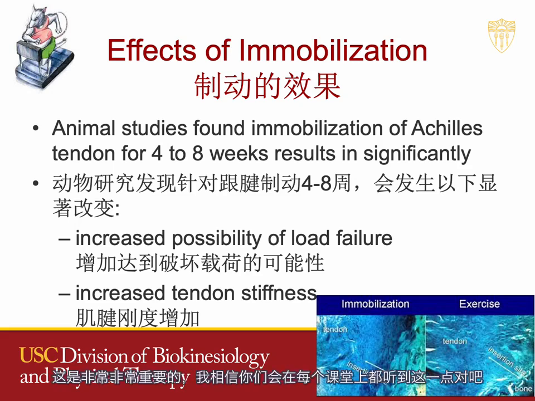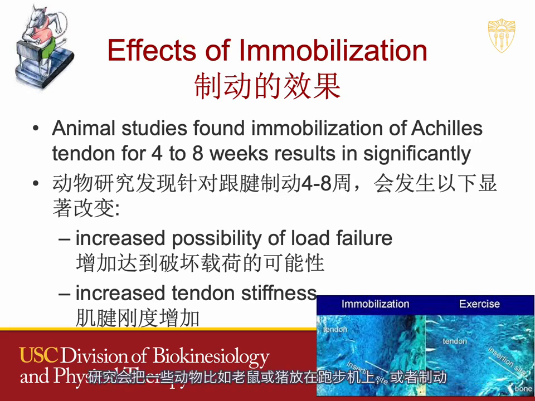Really important, and you'll hear that with every single one of these recordings, every single one, right? So oftentimes they'll put the rat or the pig or something on a treadmill, or in this case, they will immobilize them. They'll tear a tendon, fix the tendon, and put them in a cute little brace or a cast.